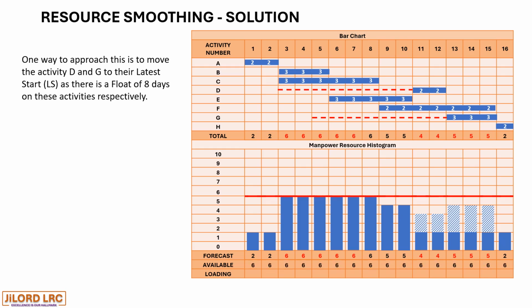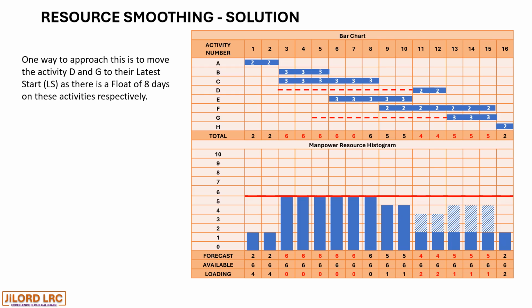The available resources are 6, and the resource loading is now below. So when we look at day 3 to day 7, there is an optimal use of resources. The available resources of 6 have been completely used. So there is no resource available.